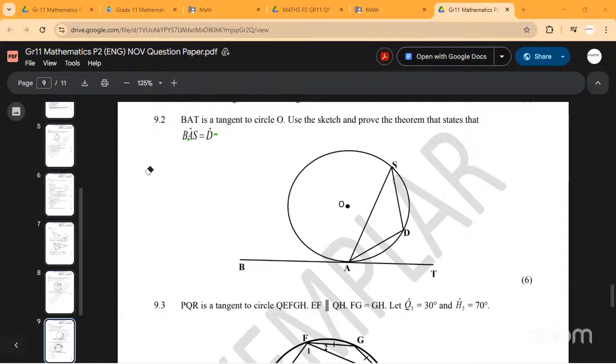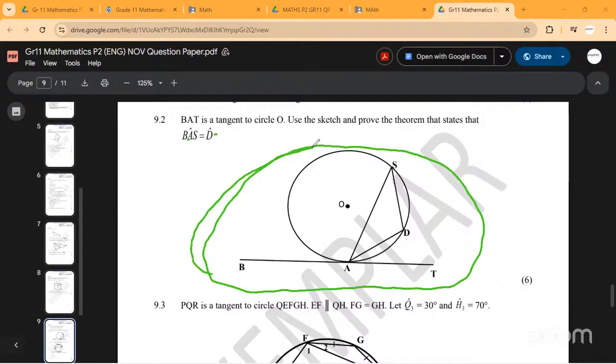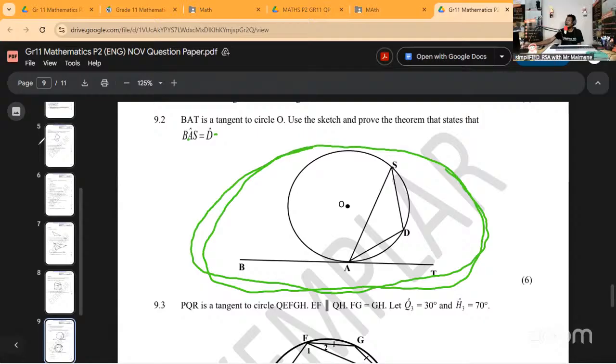Have you seen this shape? I've seen something similar, I think. So tomorrow we're going to prove that if you have this shape, this angle here is equal to this angle here.